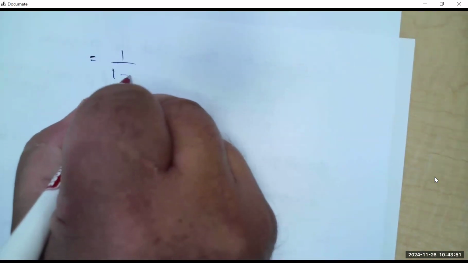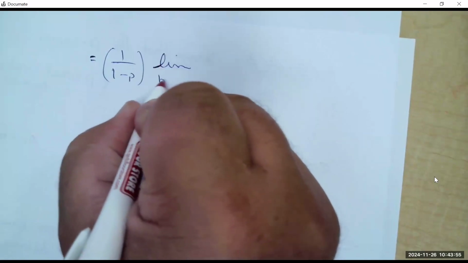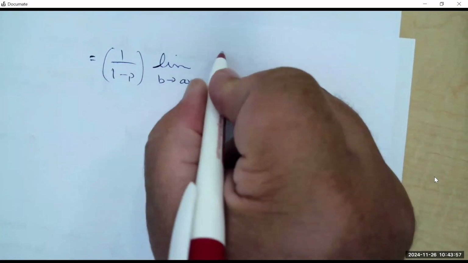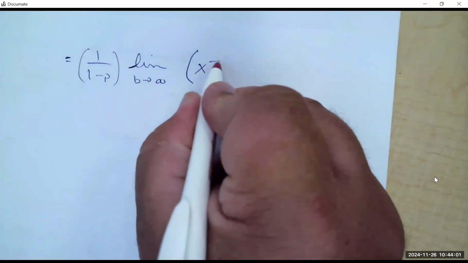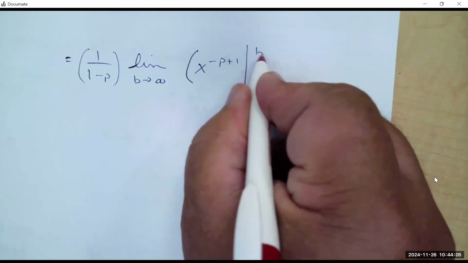Put that on the other side. Equals 1 over 1 minus p, the limit as b goes to infinity of x to the power negative p plus 1 from 1 to b.